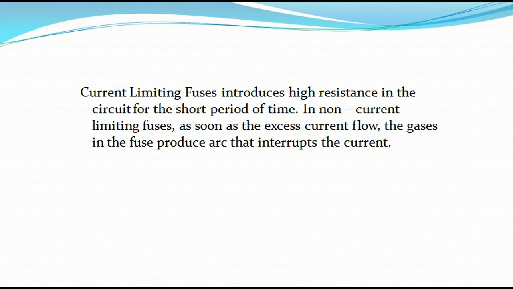So the simple differentiation between current limiting and non-current limiting is this: current limiting introduces high resistance for a short period, while non-current limiting, if there is an excessive current flow in the circuit, the gases in the fuse produce an arc that interrupts the current. Both have different functions, but they are under resettable fuse.